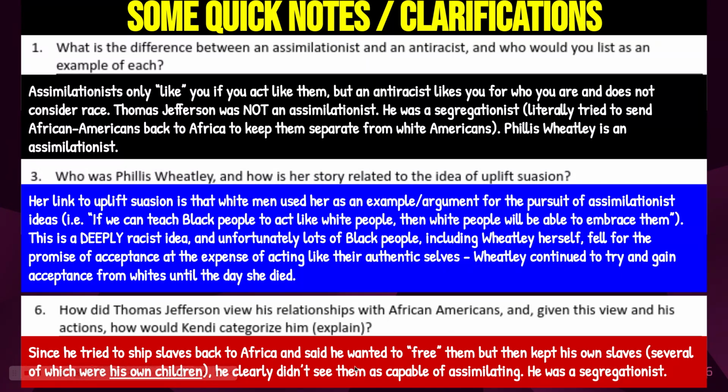However, these are two things that he did that obviously make a solid case for putting him in the category of a segregationist. He did not think that Africans and whites could live together in America, so he literally tried to send them back.